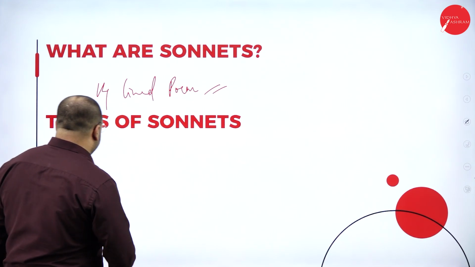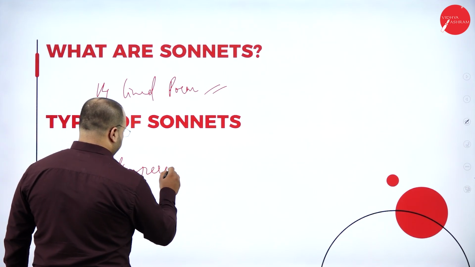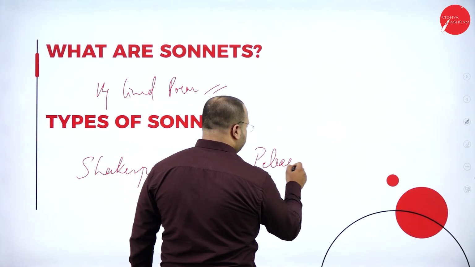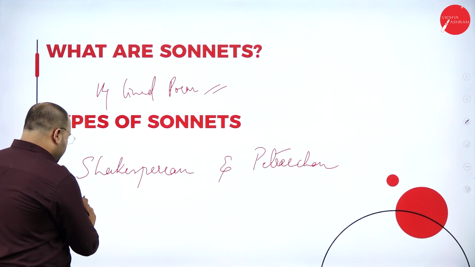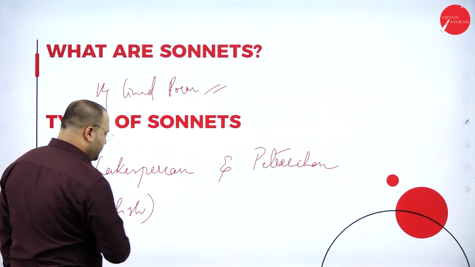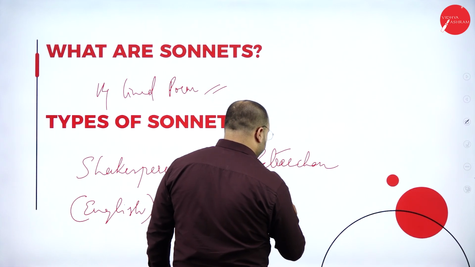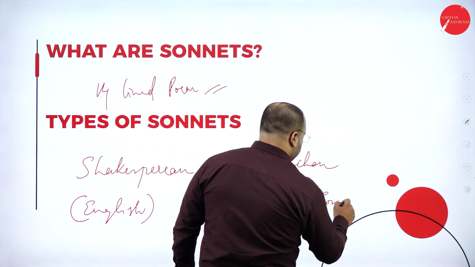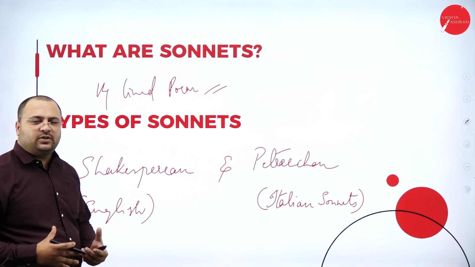They are Shakespearean and Petrarchan. Shakespearean sonnets are also called English sonnets, and Petrarchan sonnets are called Italian sonnets. So these are the major classifications in sonnets.